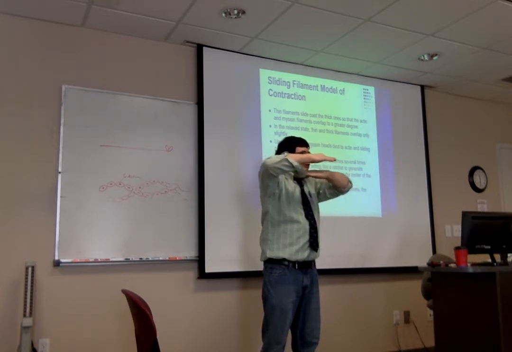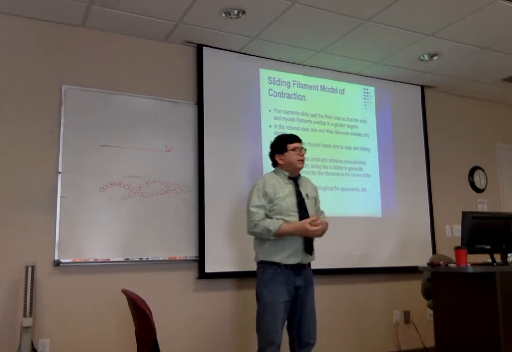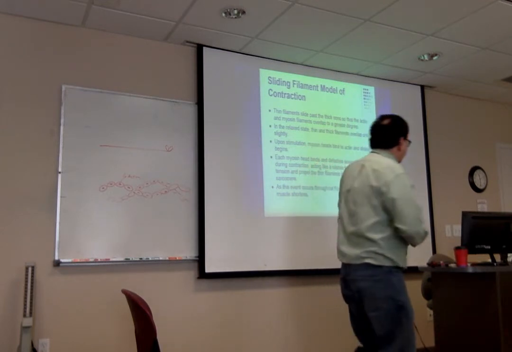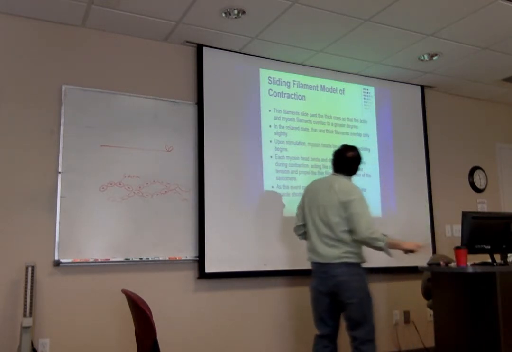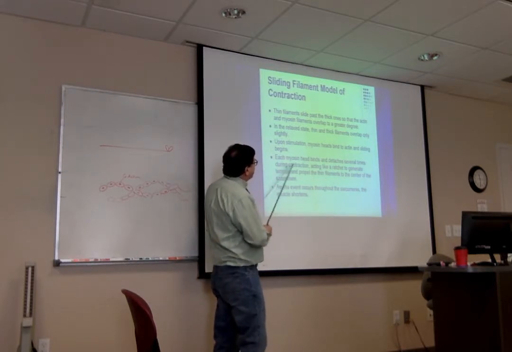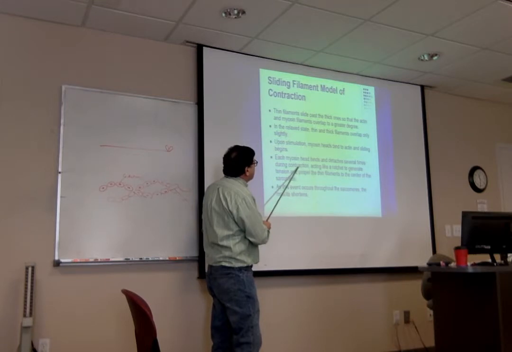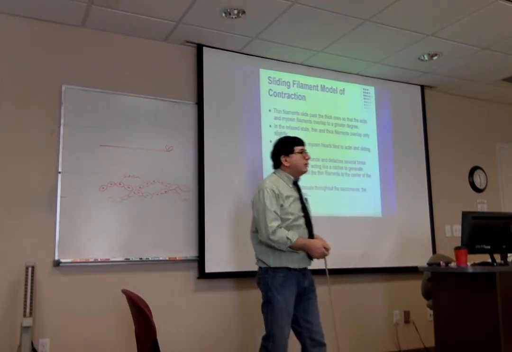And so you have a series of ratcheting movements as long as those actin binding sites are exposed. Upon stimulation, myosin heads bind to actin and the sliding begins. Each myosin head binds and detaches several times during contraction, acting like a ratchet to generate tension and propel the thin filaments to the center of the sarcomere.